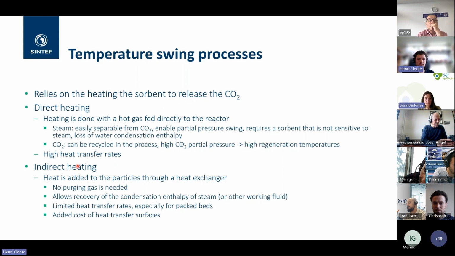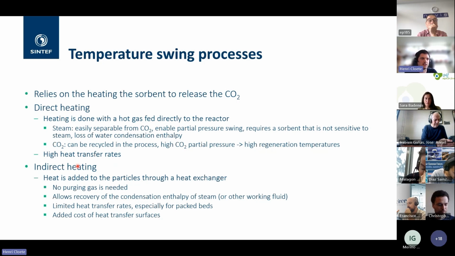So the alternative is to use indirect heating, where you basically have a heat exchanger inside your reactor, for example, tubes with a liquid flowing through it. So the advantage is you don't have these issues related to purging gas. It allows you to recover the condensation entropy of your steam or other working fluid that you're using.